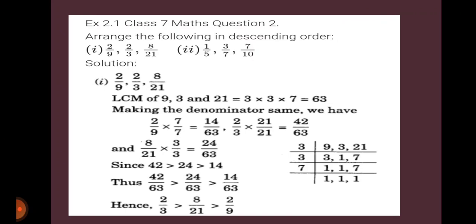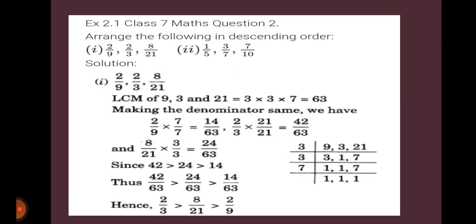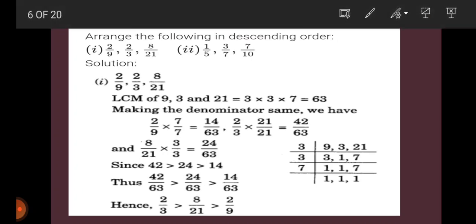Here the question is to arrange the following in descending order. How can you arrange this in descending order? If the given digits are in like fractions, we can simply say the descending order and ascending order, but here they are unlike fractions. So first we convert the unlike fractions into like fractions. How can we convert into like fractions?